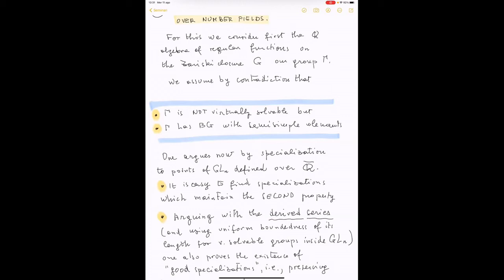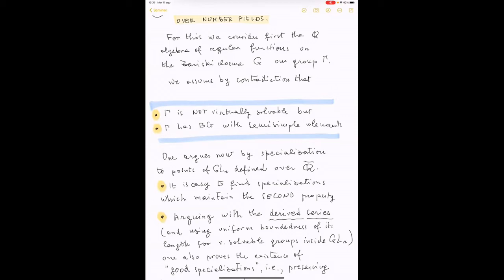To reduce to the case of number fields, the elements of gamma may be matrices with transcendental entries, but it is surely finitely generated by our hypothesis. So the transcendence degree of the elements is finite.